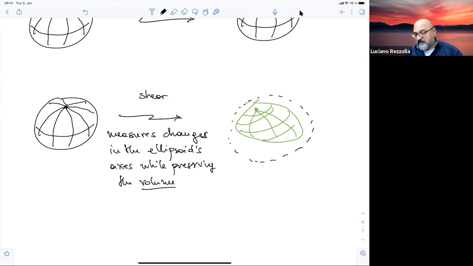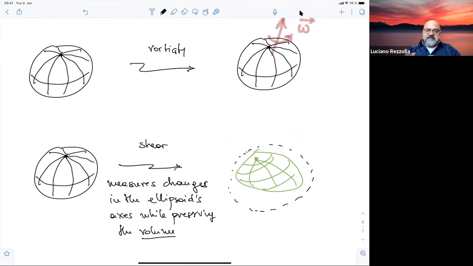Okay, so you are really preserving the volume. You're not changing the volume at all. You can just change the shape. Imagine again, take a drop of water and you distort it somehow, maybe because you are in outer space. So this measures rigid rotations.